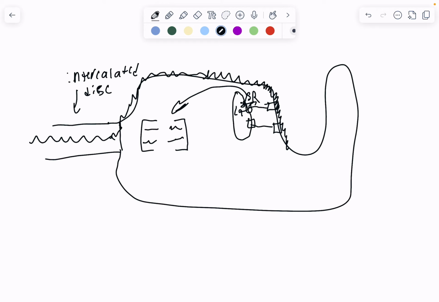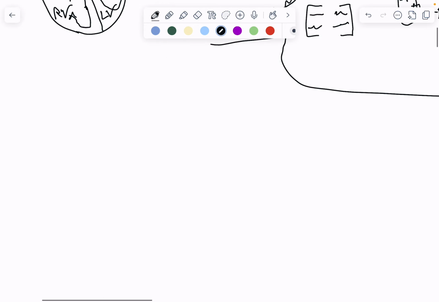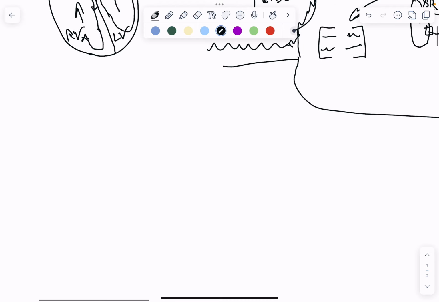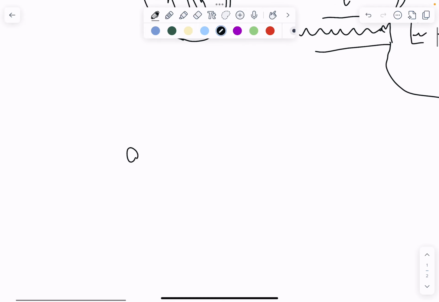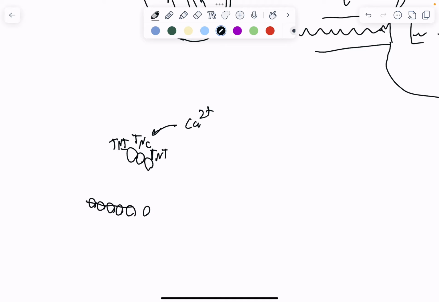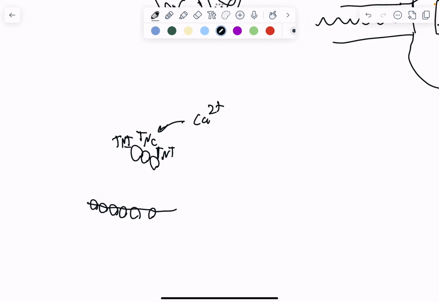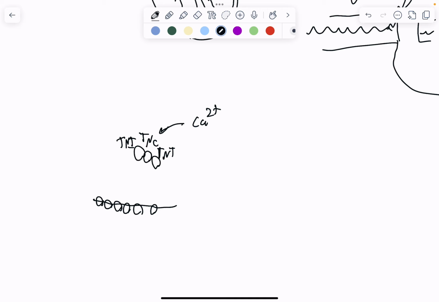And so if we go look at the sliding filament mechanism, you have TnT, TnC, and TnI. The calcium will bind to the TnC, which will move TnT off of the tropomyosin.